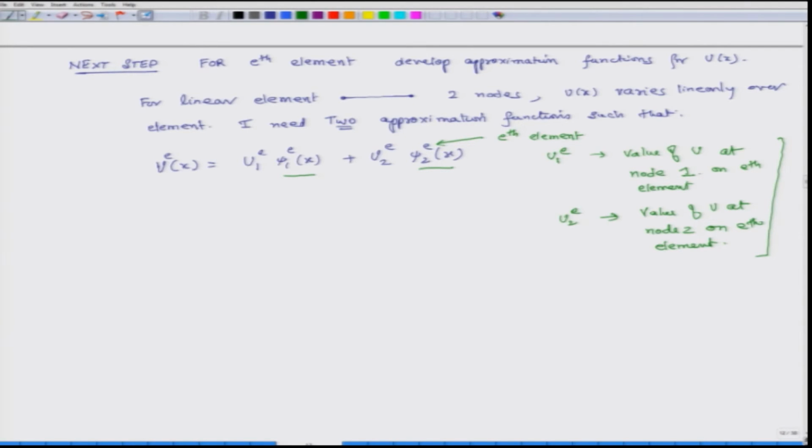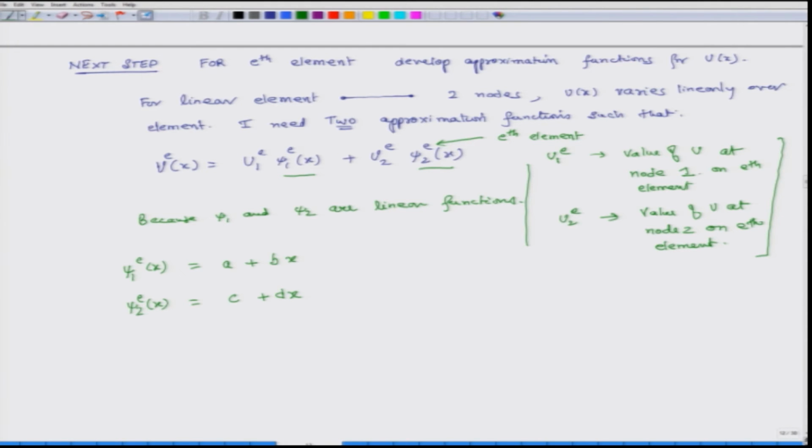So, because psi 1 and psi 2 are linear functions, I can in general write down psi 1e x as a plus b x, right. It is a linear function, and similarly psi 2 x I can write down as c plus d x.